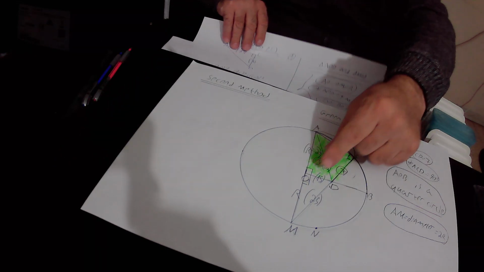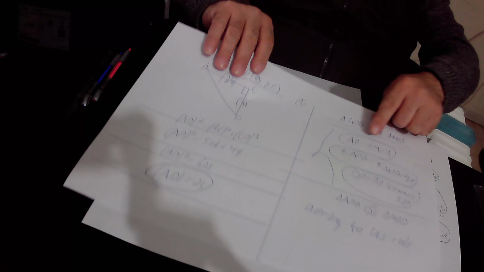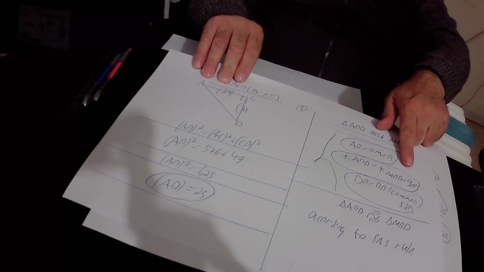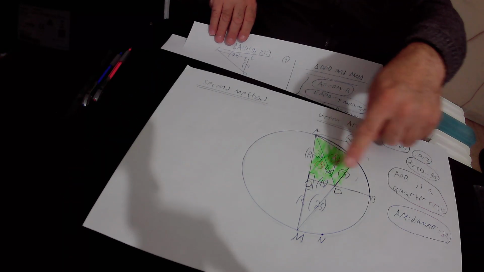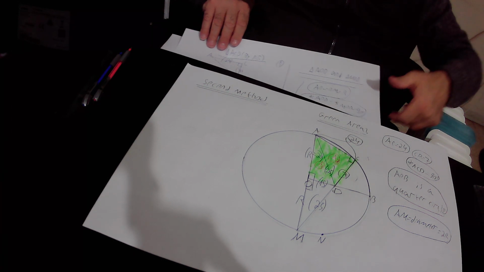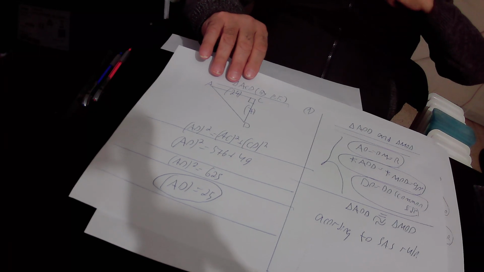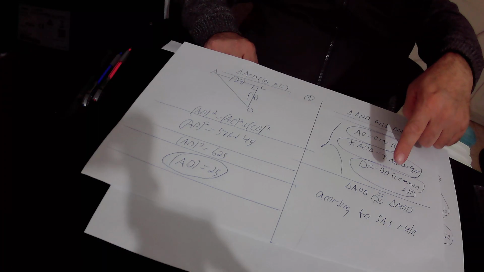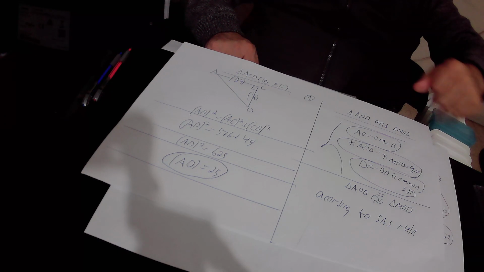In addition, angle AOD in the green triangle equals angle MOD in the white triangle, they are both equal to 90 degrees, therefore they are equal to each other. And finally, side DO is a common side that belongs to both triangles, so side DO equals itself. So we succeeded to prove that the green right triangle AOD is congruent to the white right triangle MOD according to the side angle side rule.